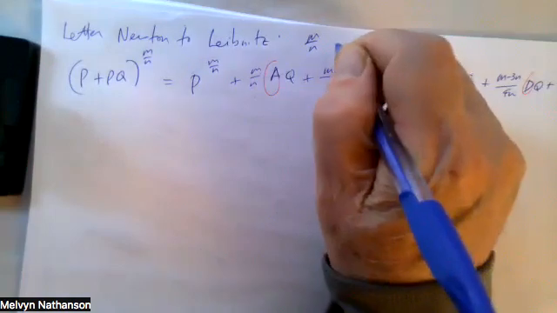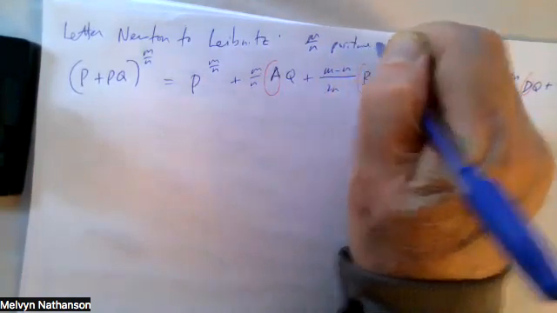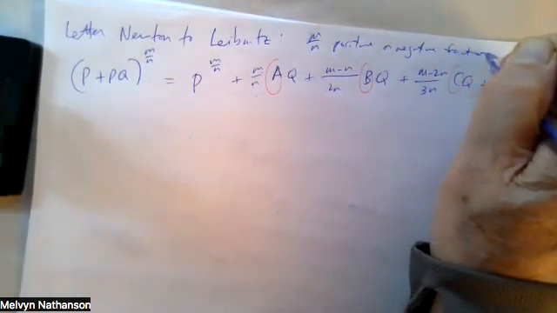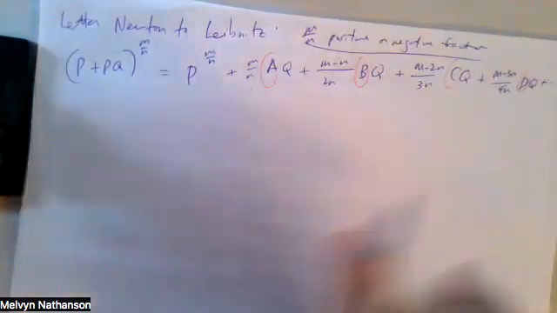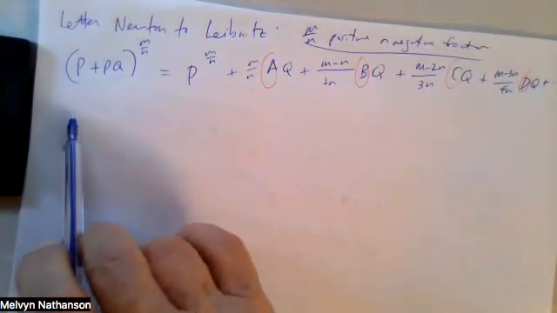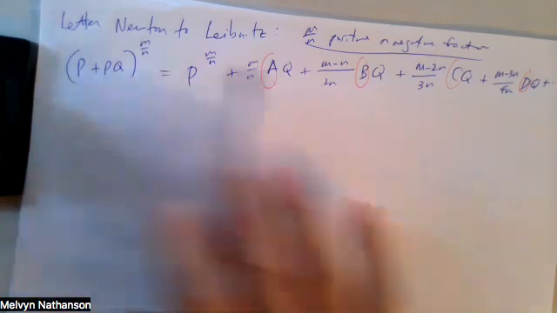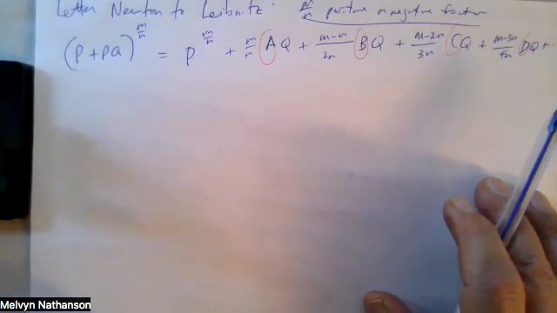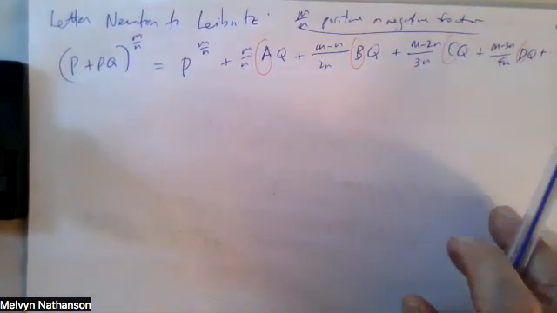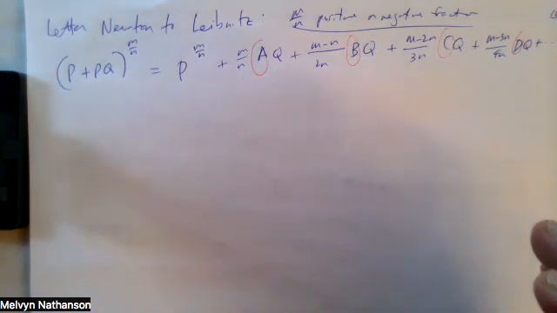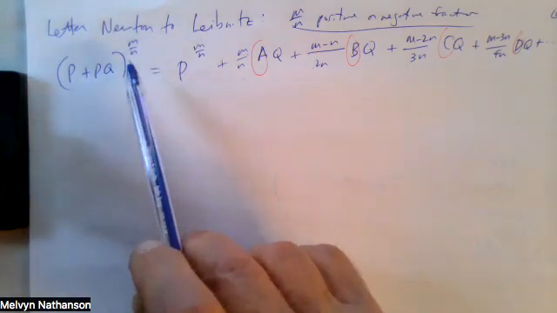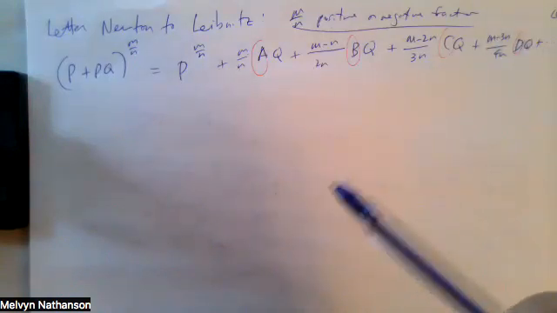So M over N is a positive or negative fraction. So if we can figure out a way to expand this, this is a great advance on what was previously known, because what was previously known was the binomial theorem just for positive integral exponents, not fractions and not negative numbers.